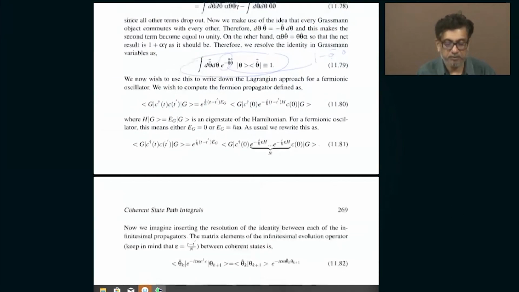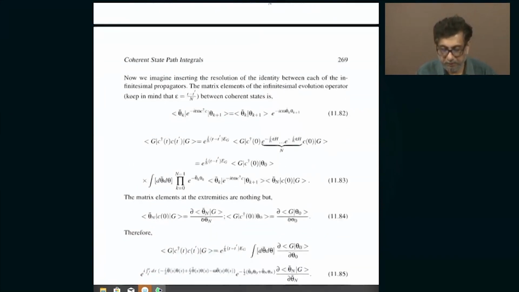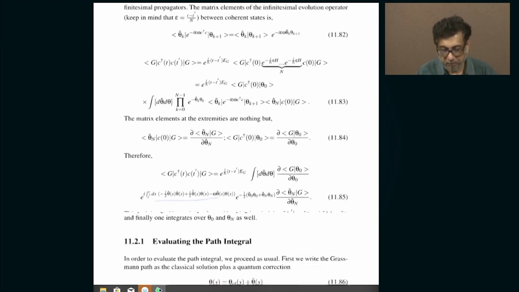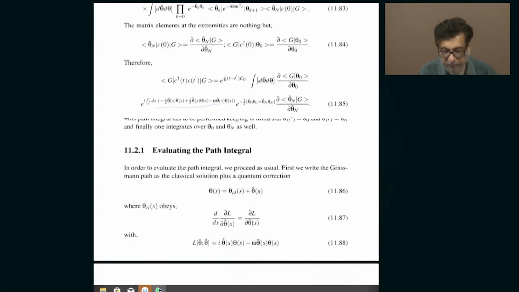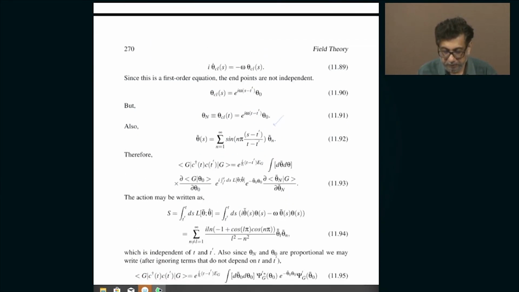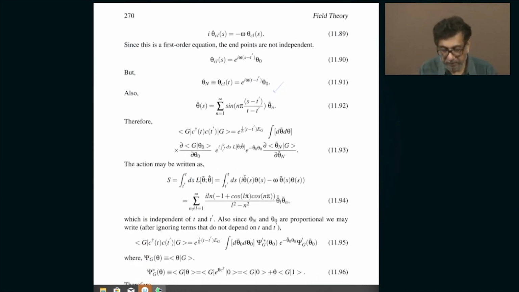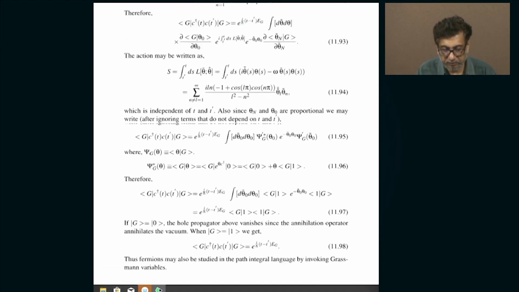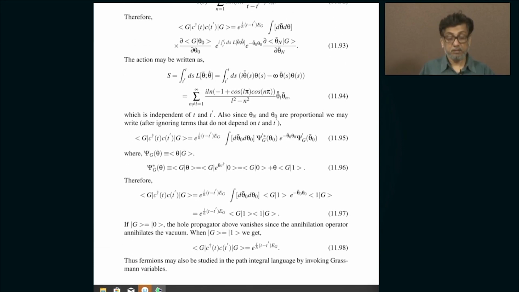We follow exactly the same procedure, and when you do, you will end up with something very similar, except that now you have to evaluate the path integral, and even that is very similar. But when you evaluate it, you will get something much simpler than in the case of bosons, because there you can have as many bosons as you want in a state, but with fermions you can have either 0 or 1, and you will get a Green's function that's incredibly simple like this.